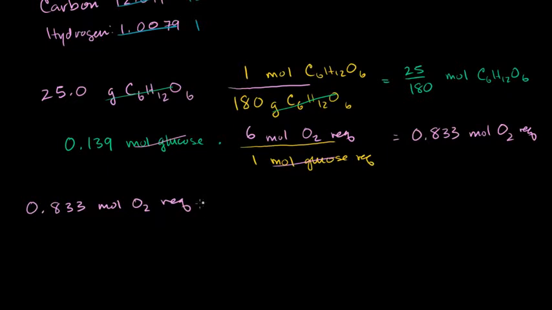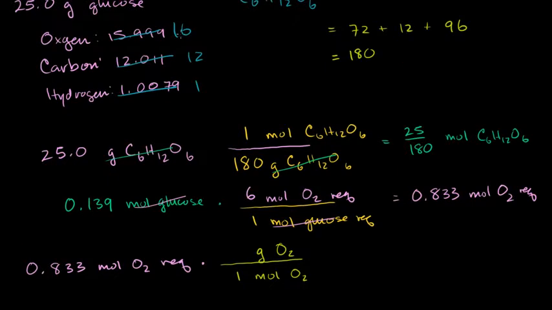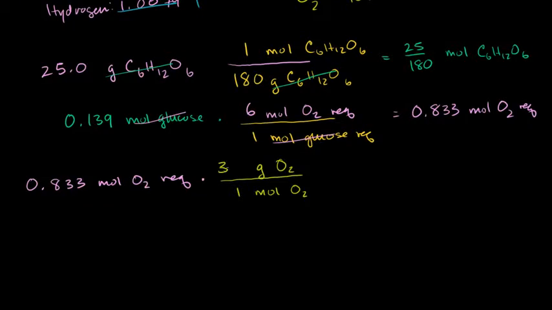We're going to multiply that. Remember, we want to get this into grams now. So let's write the moles of O2 in the denominator, and we're going to put grams of O2 in the numerator. So how many grams of O2 are there per mole? Well, we know the atomic weight of oxygen is 16. So the atomic weight of molecular oxygen, where you have 2 of these, the atomic weight of O2 is equal to 16 times 2, which is equal to 32. So it's 32 grams per mole.